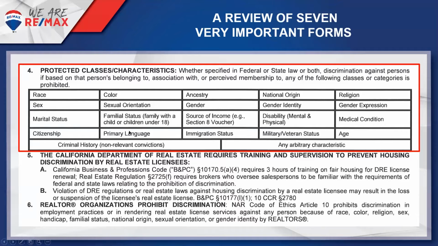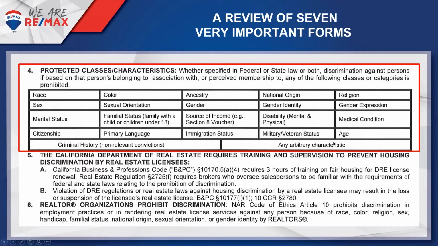Now, what are the protected classes? In the state of California, there are 21 named protected classes. Here they all are on this form. And a general protected class: any arbitrary characteristic that you discriminate against is also illegal.